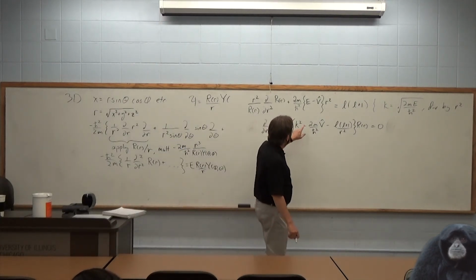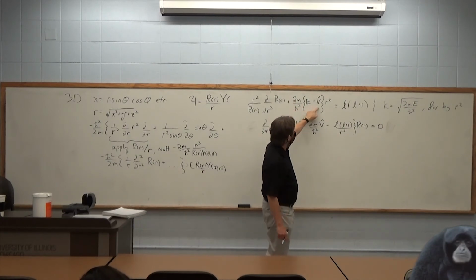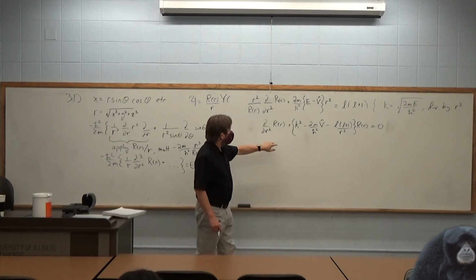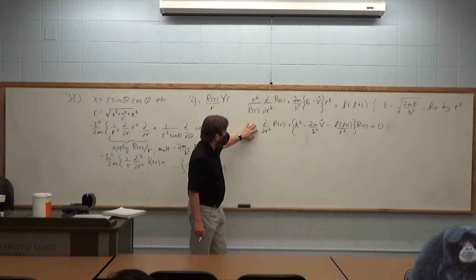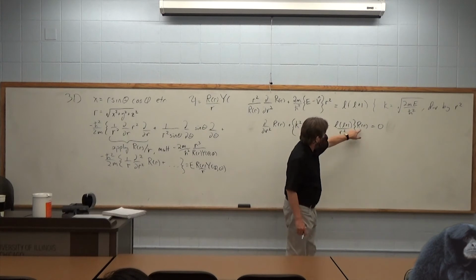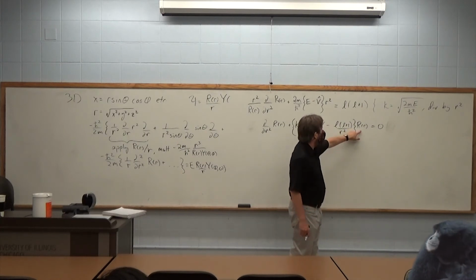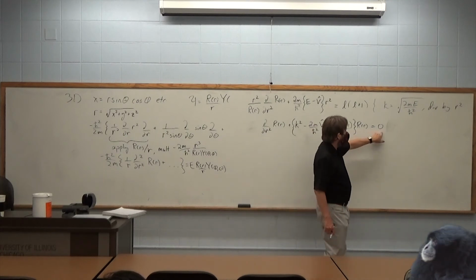Okay, so call that K. The 2m over h bar squared is still there because for the r squared over r, I've actually multiplied through by a function of r over r squared. There's function of r over r squared. I just factored it. I brought it over, so there's a minus. 0 times anything is 0.